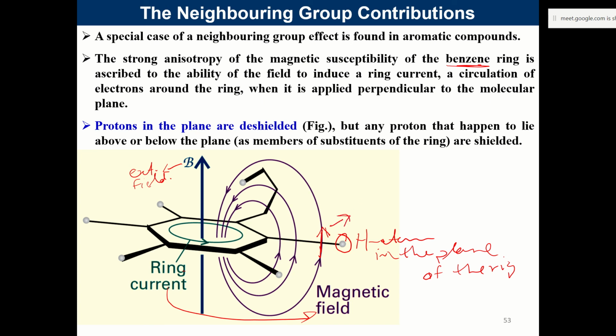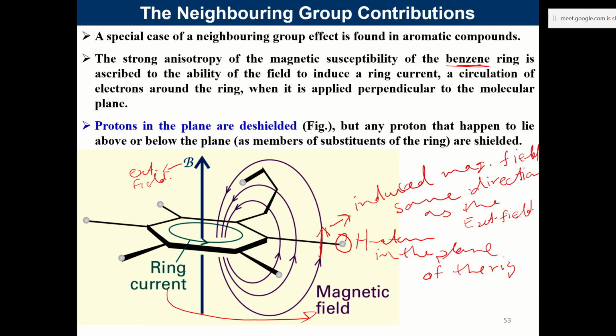The induced magnetic field has the same direction as the external field B.